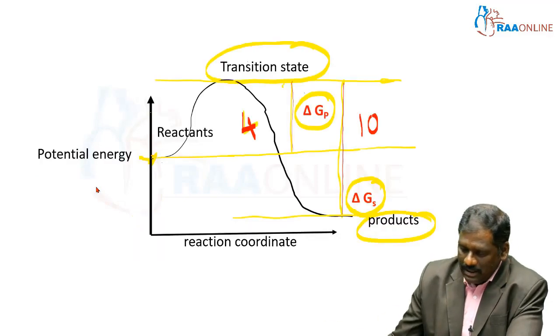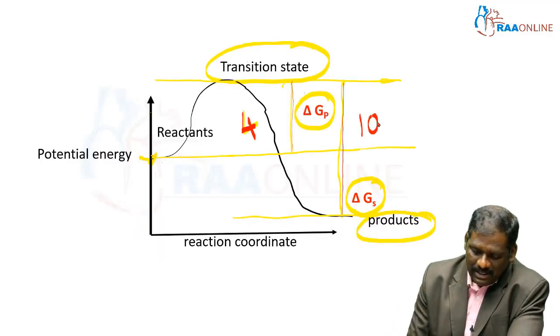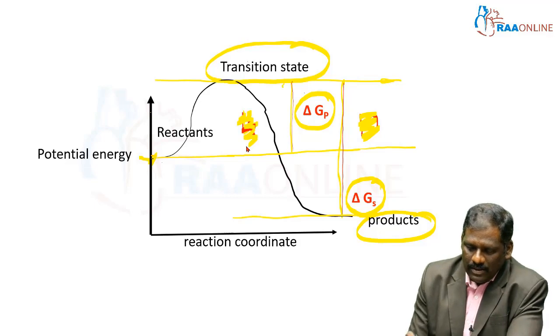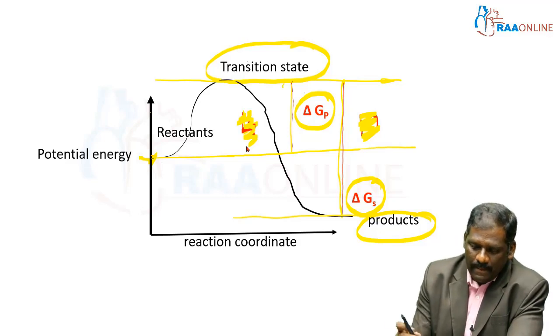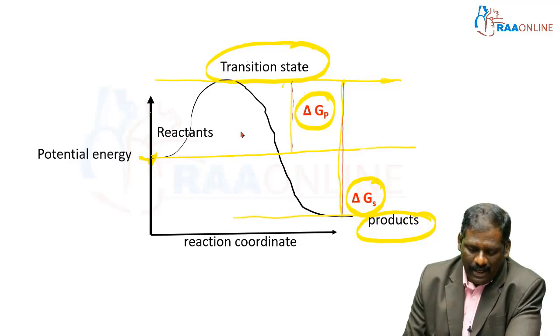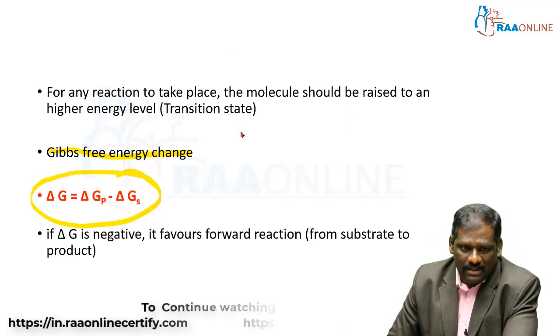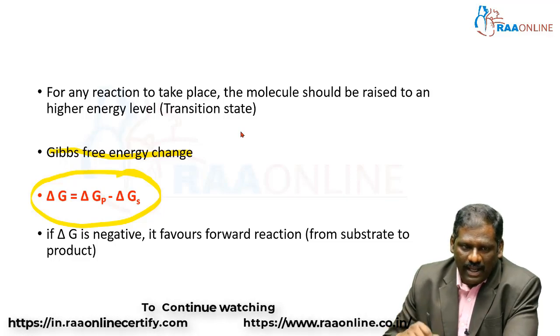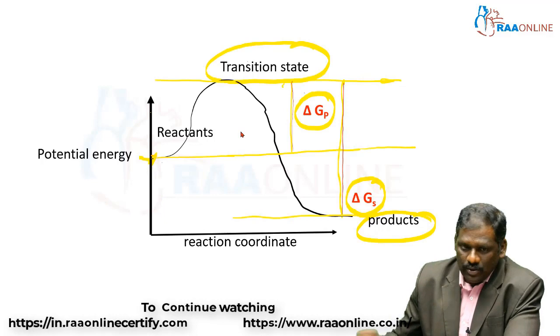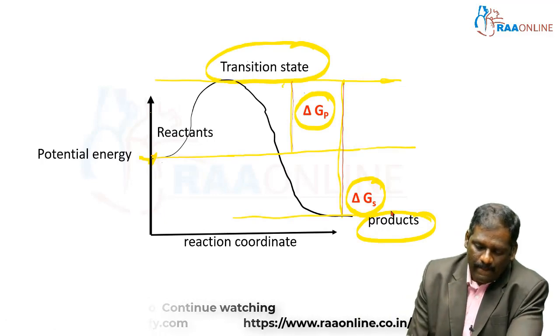It means the value of delta Gs is much higher, 10, and the value of delta Gp is lower, 4. What is the difference between these two? Minus 6. If the reaction has a Gibbs free energy of minus 6, then the reaction is going to go in the forward direction from reactant to product. You got the point?